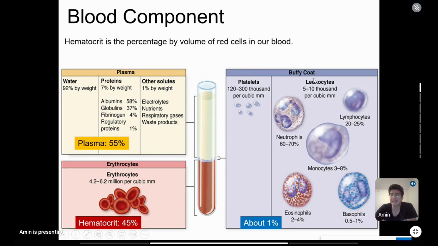And white blood cells, another name for which is leukocytes, about 5 to 10,000 per cubic millimeter, include neutrophil, lymphocyte, monocyte, eosinophil, and basophil, about 1% in the middle area. These are all the components of blood tissue.